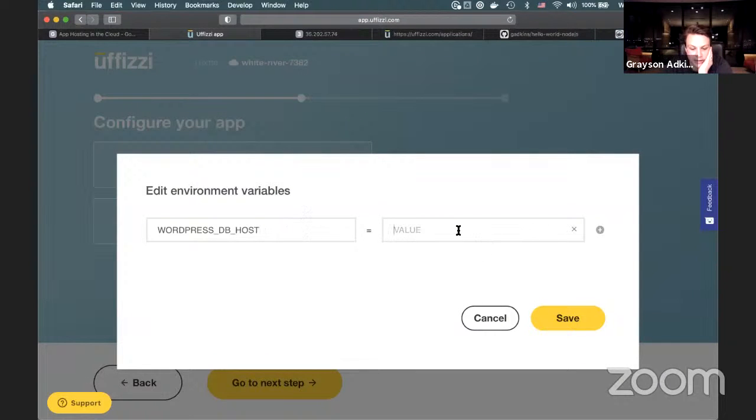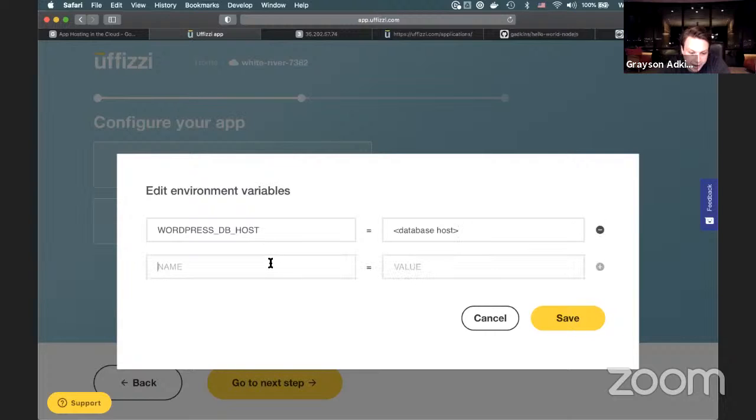Then instead of having to dig into my database and figure out what my host name is, or what my username or password is, Uffizzi offers templates, placeholders, basically variables that we will create those values for you and inject them in once you deploy.